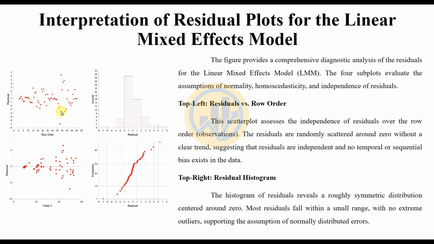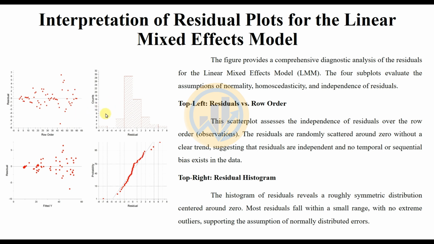The scatter plot assesses the independence of the residuals over the row order observations. The residuals are randomly scattered around zero without a clear trend, suggesting that the residuals are independent and no temporal or sequential bias exists in the data.